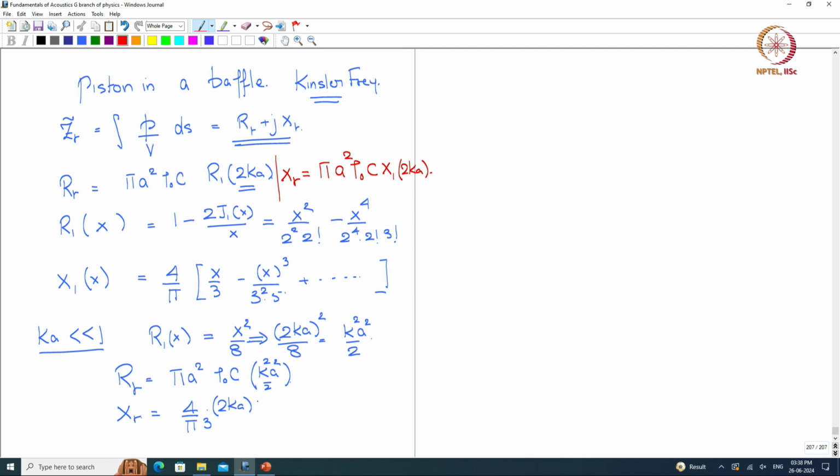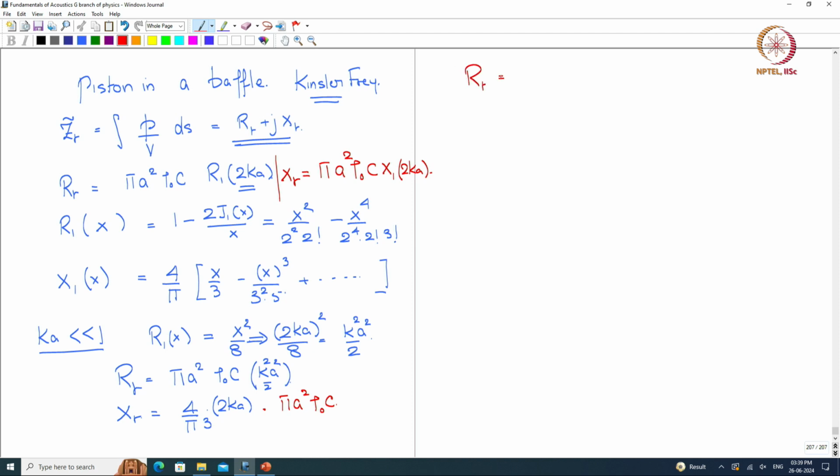So xr is x1 of x into pi a square rho 0 c. Okay. Let me write it.